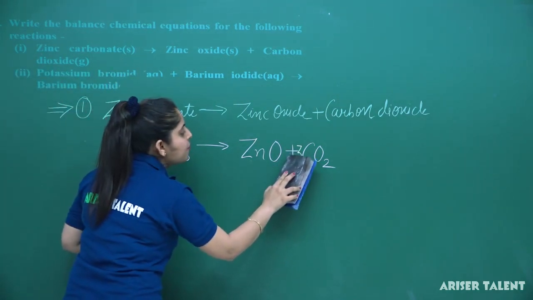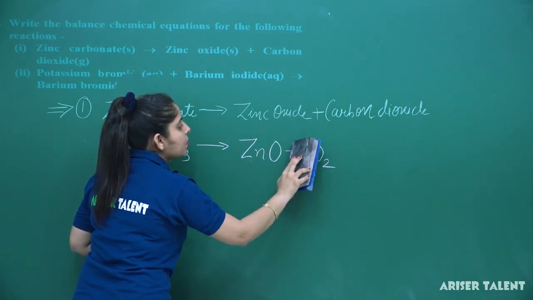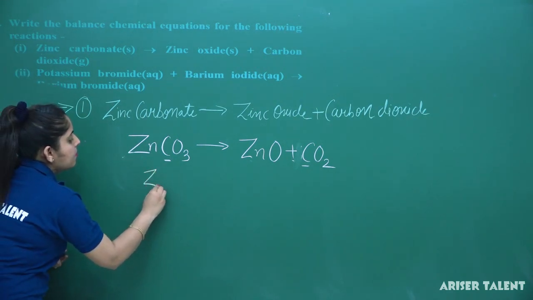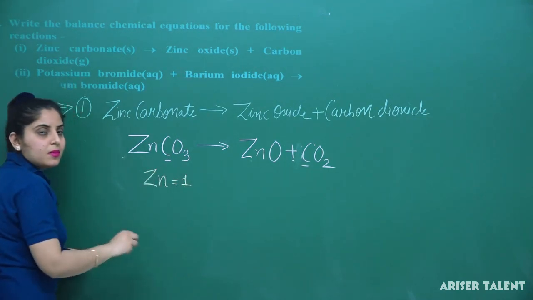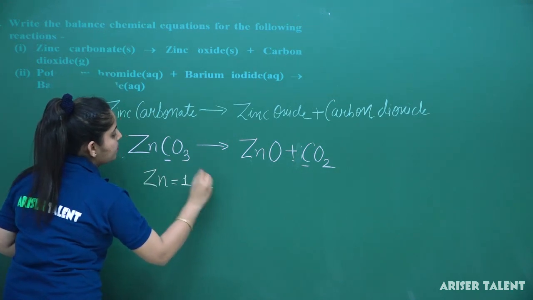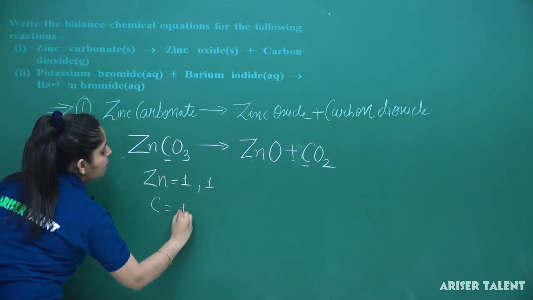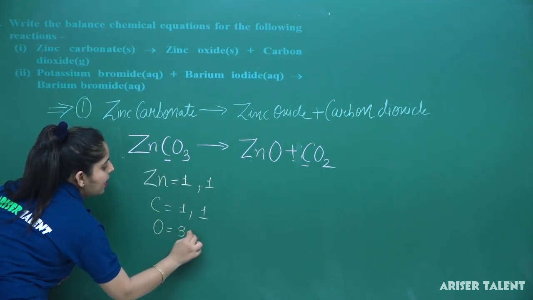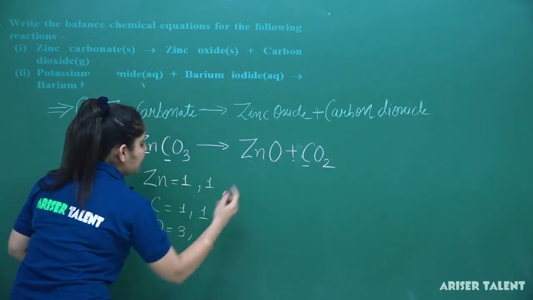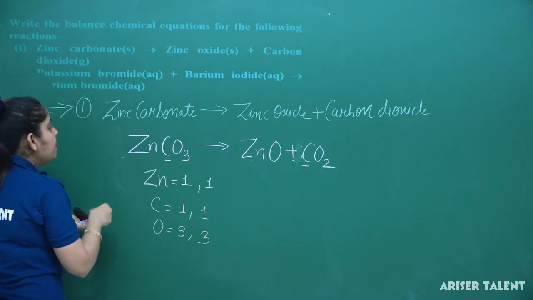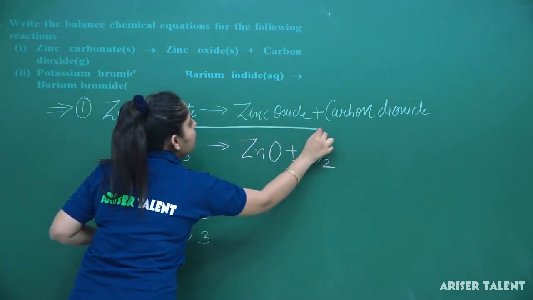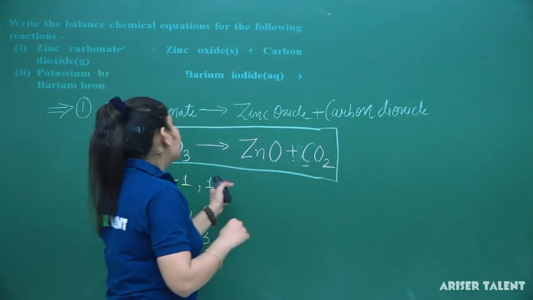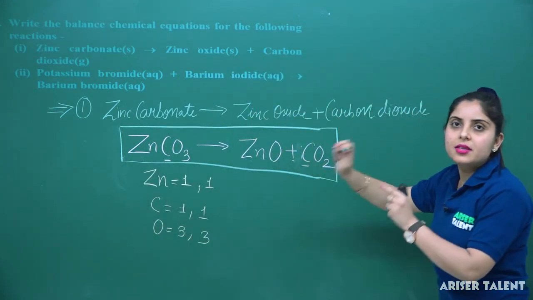We will balance the equation again. Zinc is 1, again zinc is 1, carbon is 1, again 1, oxygen is 3 and again oxygen is 2 plus 1, which equals 3. It means this is the complete balanced equation for the decomposition of zinc carbonate. So the correct solution of this equation will be this.